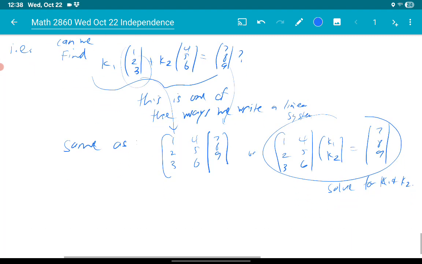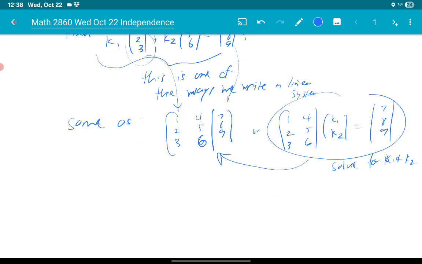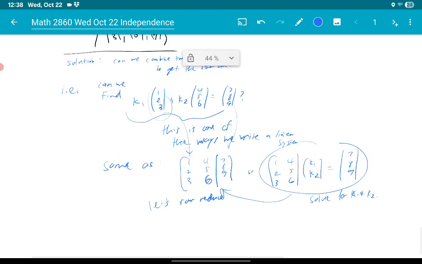Well, we know how to do that. We write it as an augmented matrix and then row reduce it. What we're trying to discover is if this system has a solution. If it has a solution at all, either one or infinitely many, then the set is dependent.